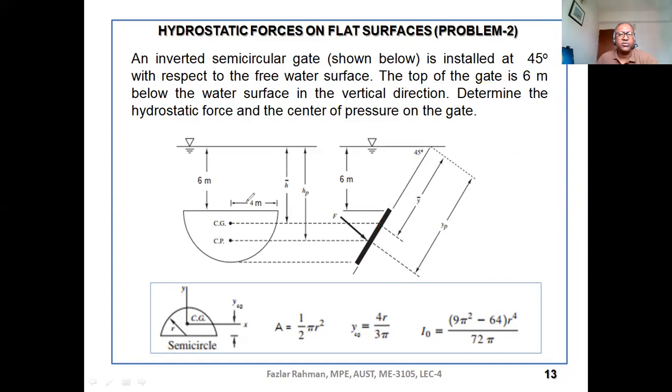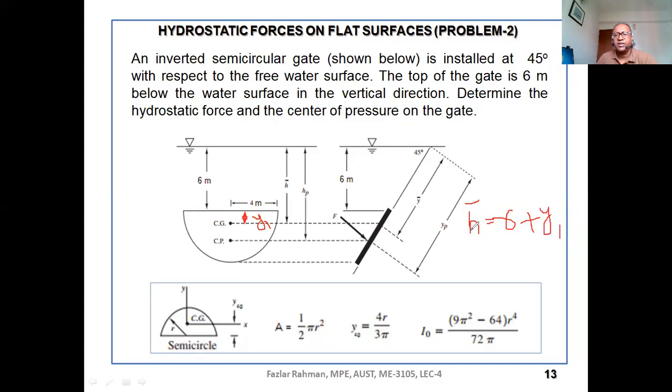Let's see how we can solve it. It's very easy. We need to take the formula from the formula sheet. And you see, if we know the location of C is vertical this distance, then your H bar will be this 6 plus this distance. If distance is y1, then this will be 6 meter plus y1.